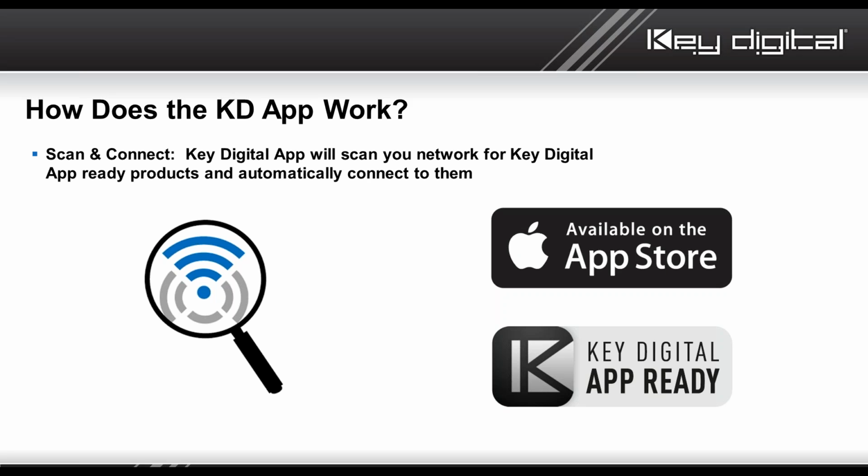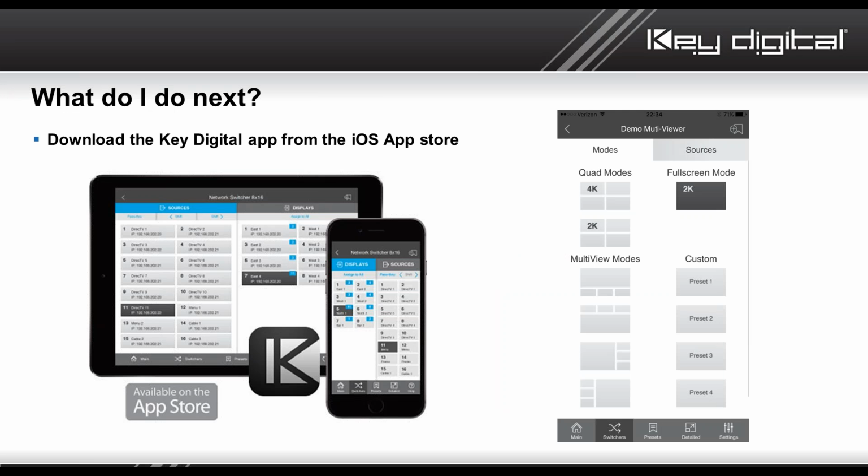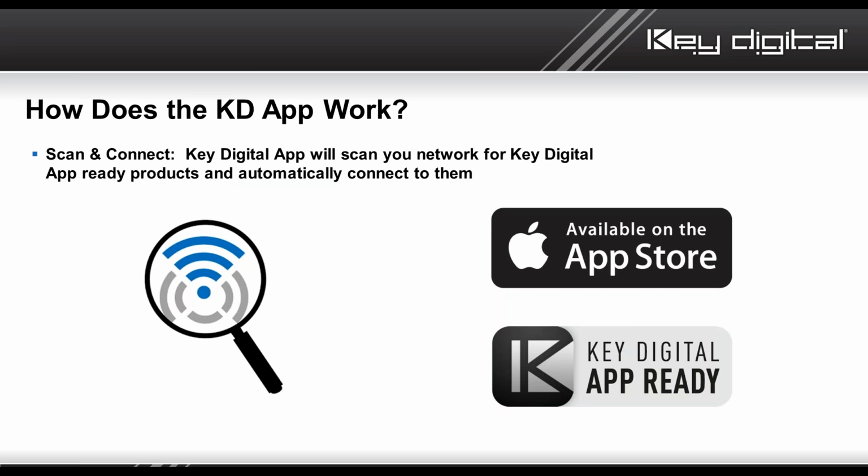It will always be 30 seconds again, because we're not searching for DHCP devices. We're scanning actually all of your network addresses 0 through 254. So it always takes 30 seconds, and that's how the app works. It finds devices that way.